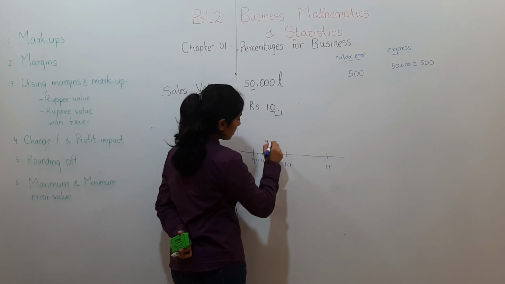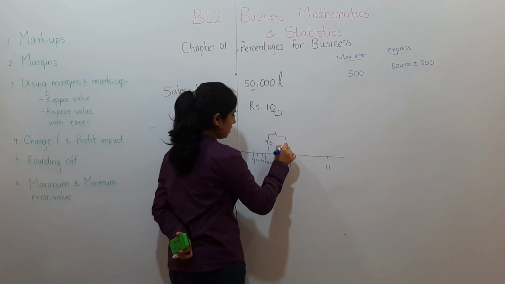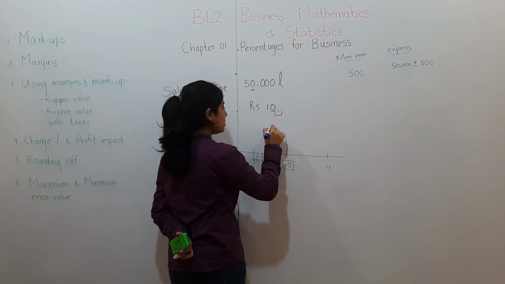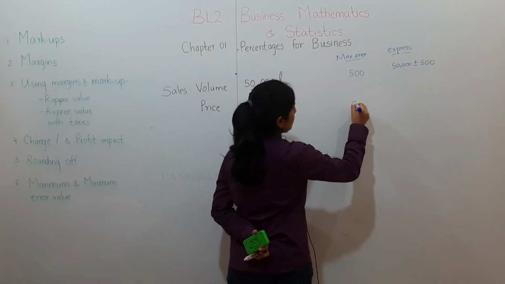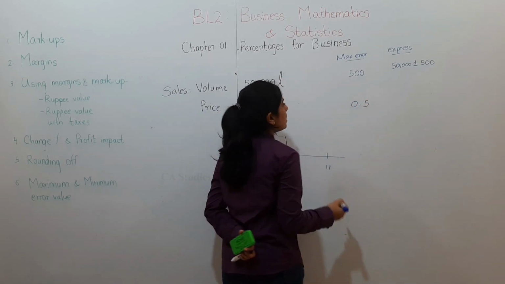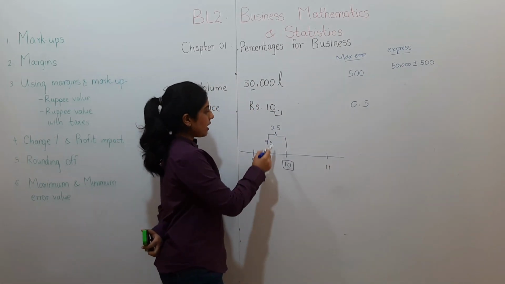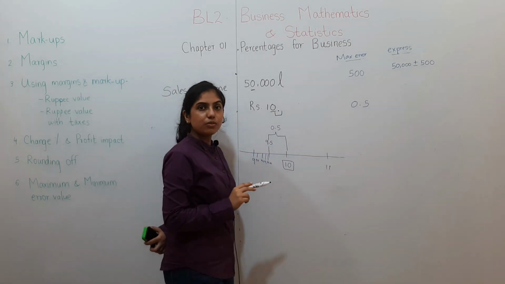Now we found our middle value. Take the difference between the middle value and the estimate figure, which is 0.5. Put it here: maximum error 0.5. You have no choice. You found your middle figure, and that difference is your error value.